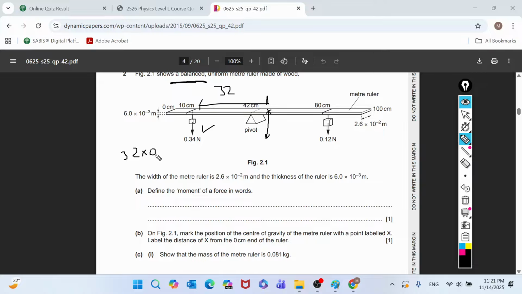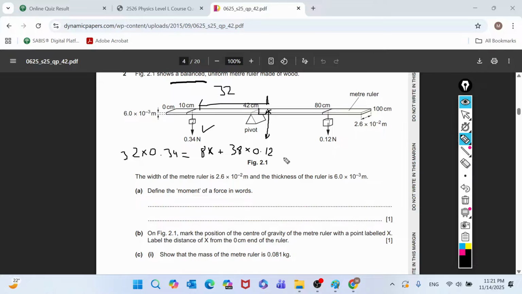So 32 times 0.34 is going to equal, this is going to be 8 centimeters between this and this, because this is at 50, so 8 centimeters times x, so we'll just keep it as 8x, plus this force, which is, what's 80 minus 42, 38, plus 38 times 0.12.